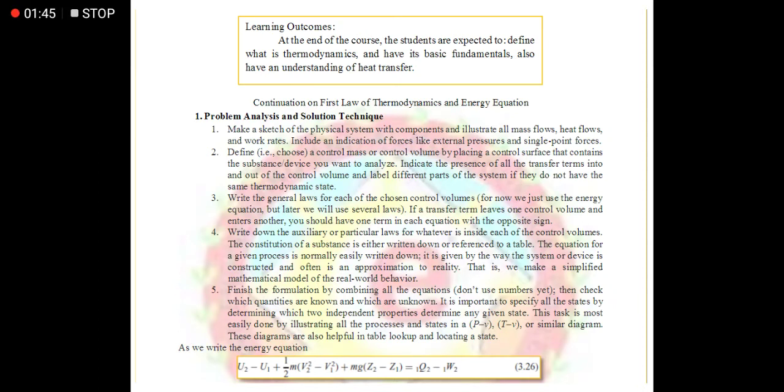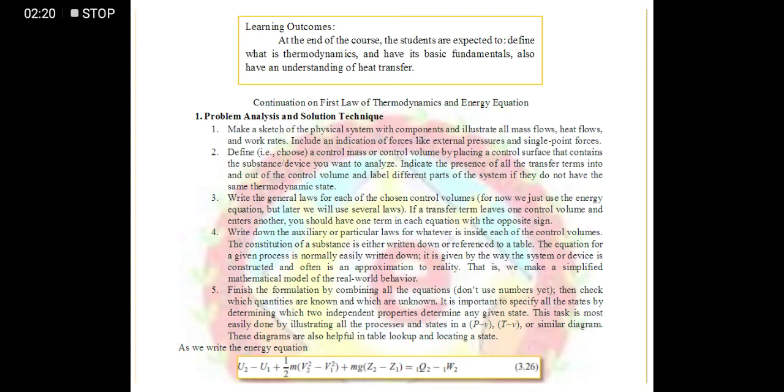Okay, so dito tayo sa number 1, proceed tayo. Dito sa number 1 we have problem analysis and solution technique. Basahin na lang natin siya. Most probably this technique talks about how we can derive the final answer if we have a given question that requires finding the final required quantities.